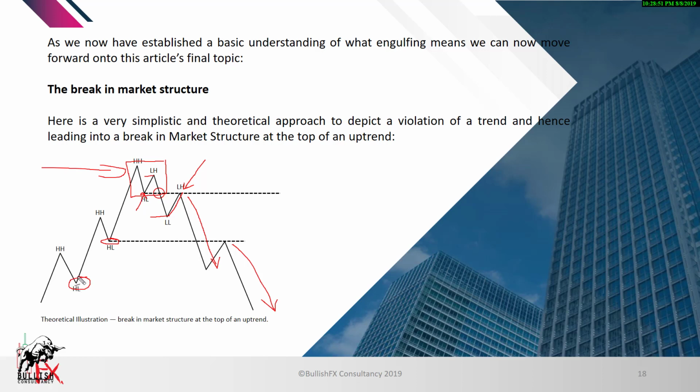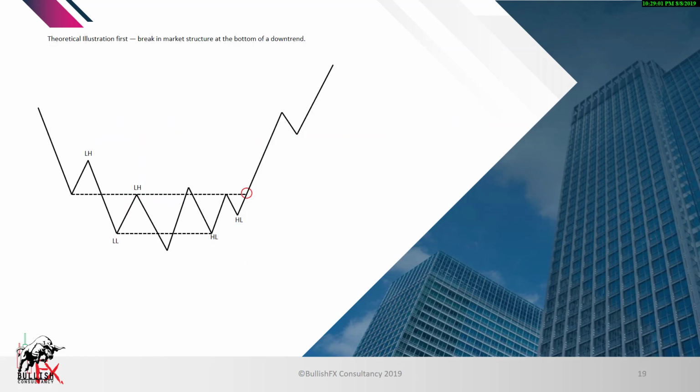So this is what it looks like when an uptrend gets violated. Now let's look at what a downtrend looks like when it's violated, when we say, okay, no, this downtrend has been violated. So now price will be moving to the downside, forming lower highs, lower low, lower high, lower low.